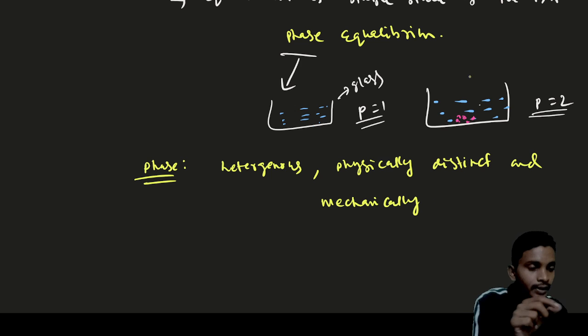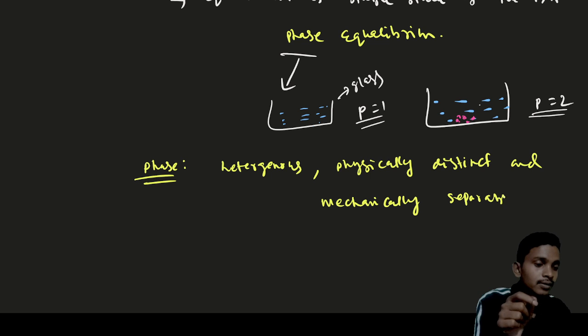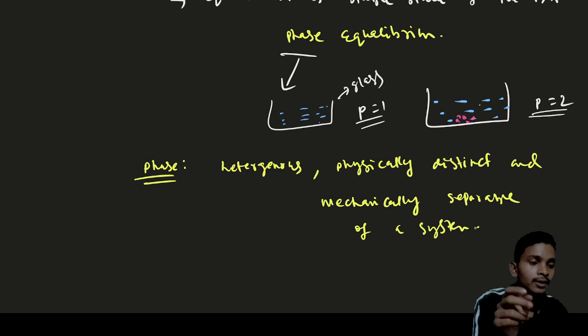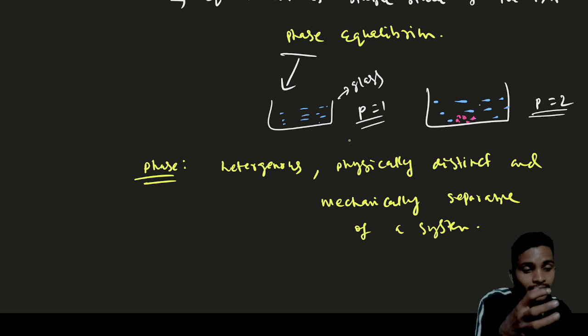I mean that here we can separate the stone from this water, so mechanically separable part of a system is called the phase. It means how many different things are present, as seen by our naked eyes.